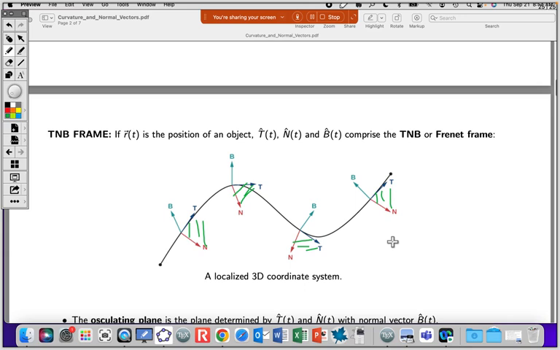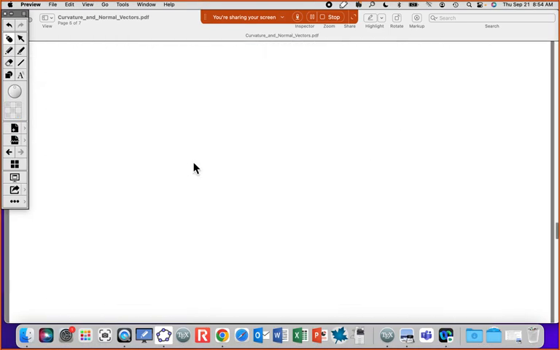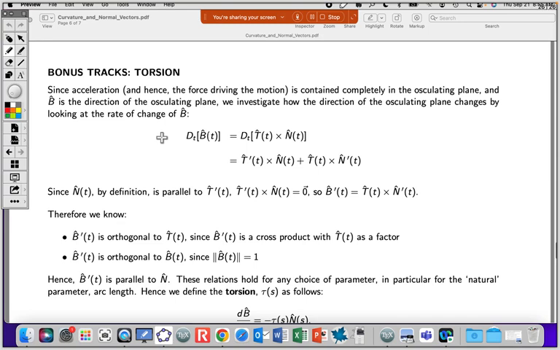The plane lives in the TN plane, and so B is going to tell the direction of the plane. So we look at how that changes with time. And so if you take the derivative of B hat with respect to t, that's your product rule working there.